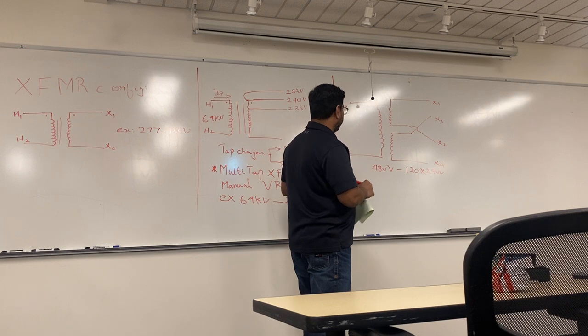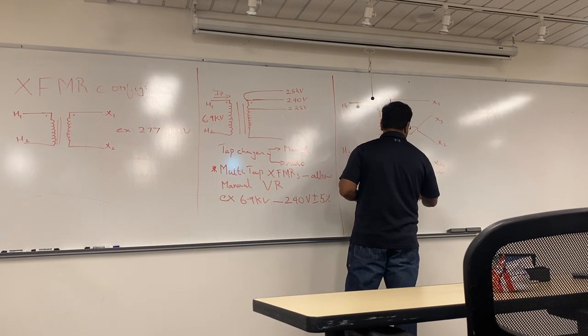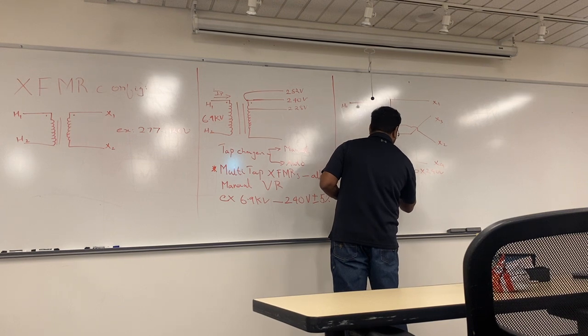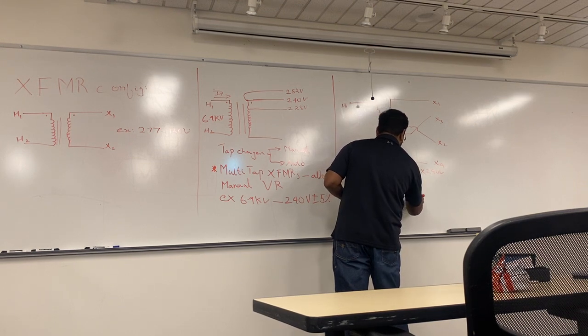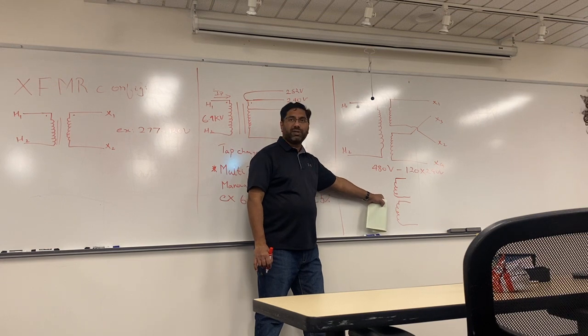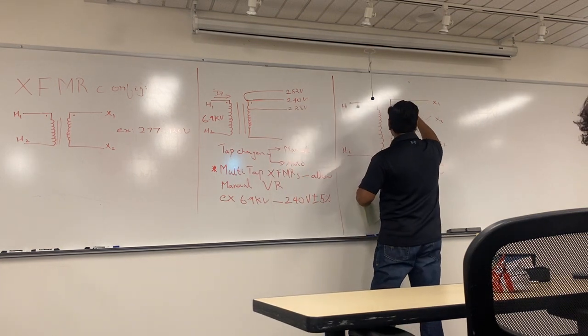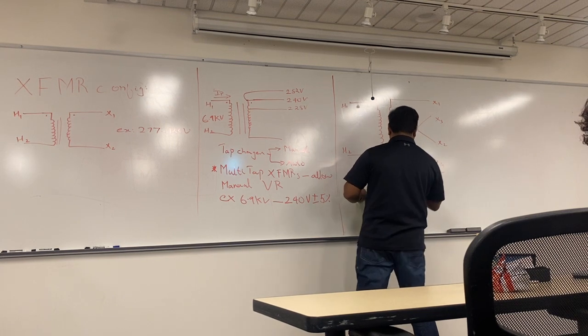Let me put it this way. If I want to get 240, and I'm just doing the secondary side, I'll have this winding. Alright, so I have an X1, and that winding is ending here, X2.